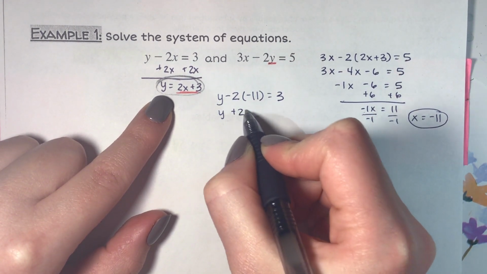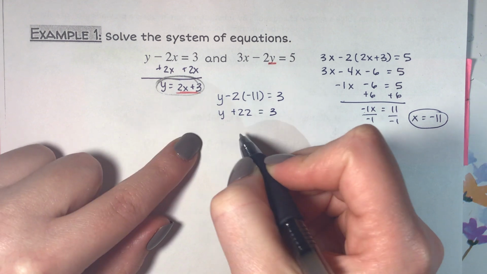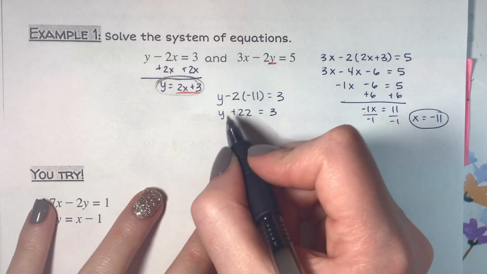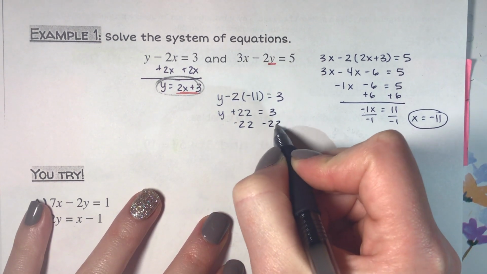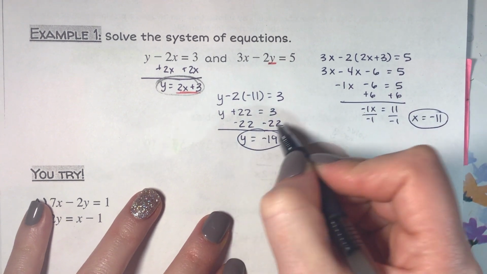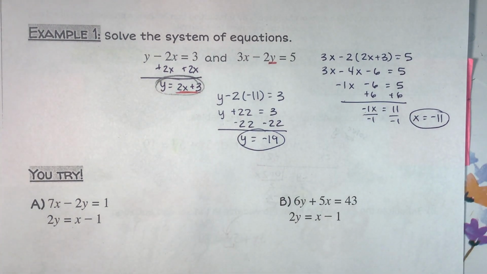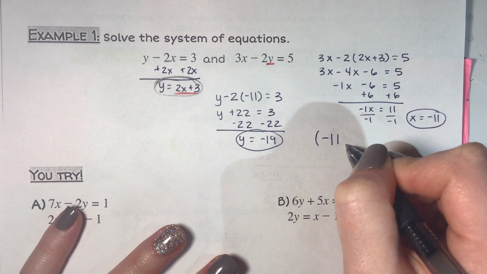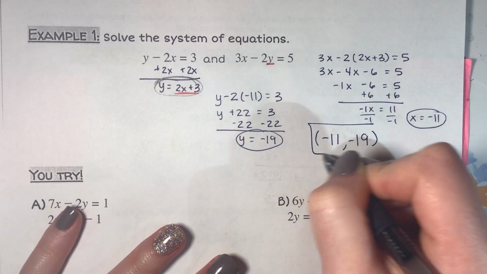So that's y plus 22 is equal to 3. I'm going to subtract 22 from both sides. y is equal to negative 19. All right. My ordered pair for my answer is now (negative 11, negative 19).